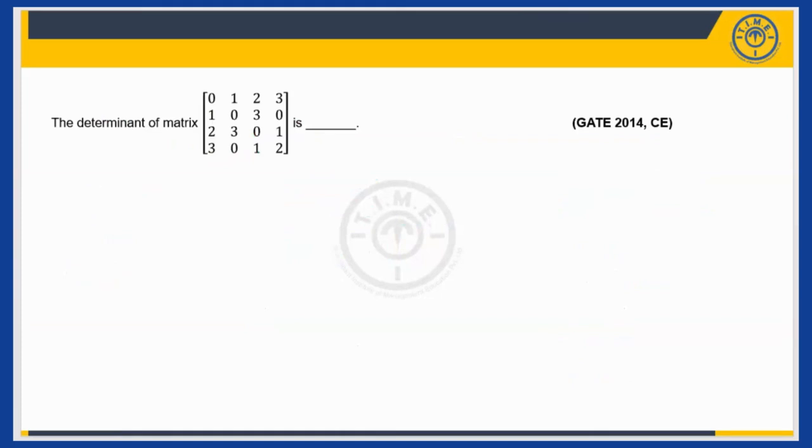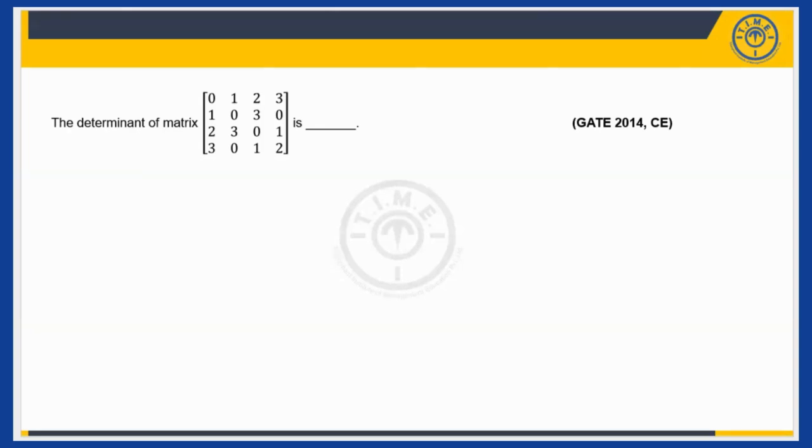Right. Now, the determinant of the matrix. This was asked for 2 marks for civil as a fill in the blank. So now I'll make use of the property that the determinant of a matrix does not change even after applying elementary operations without interchanging the rows and the columns, right?